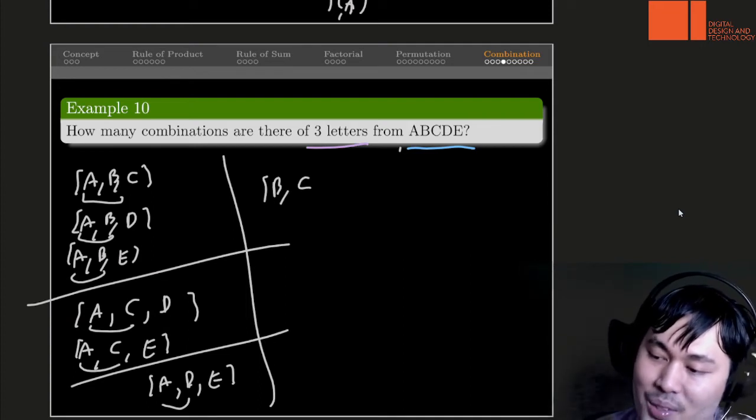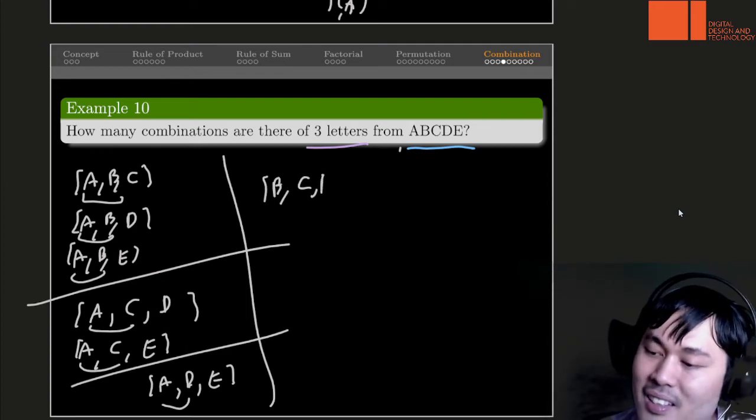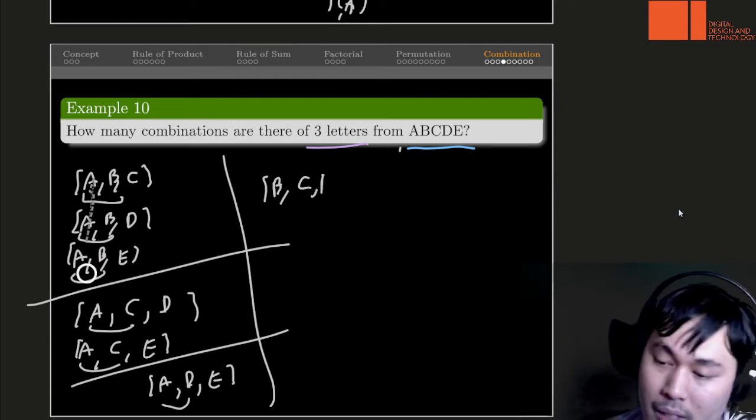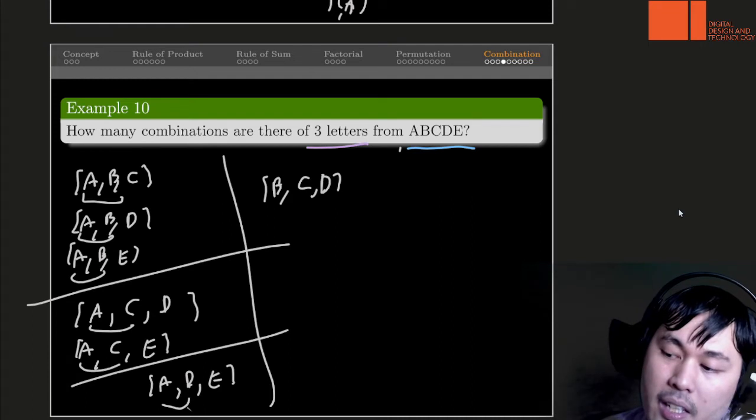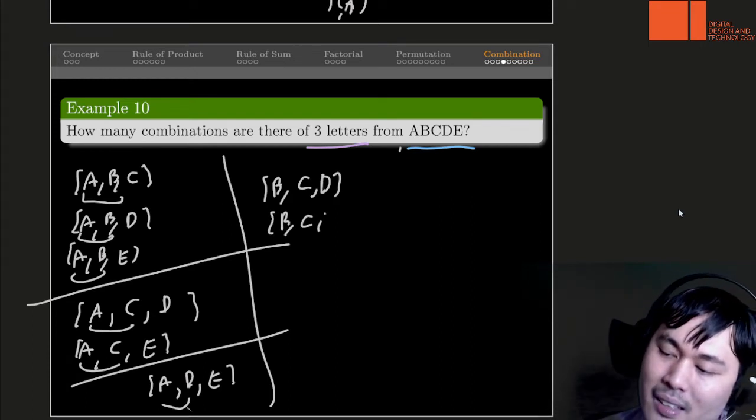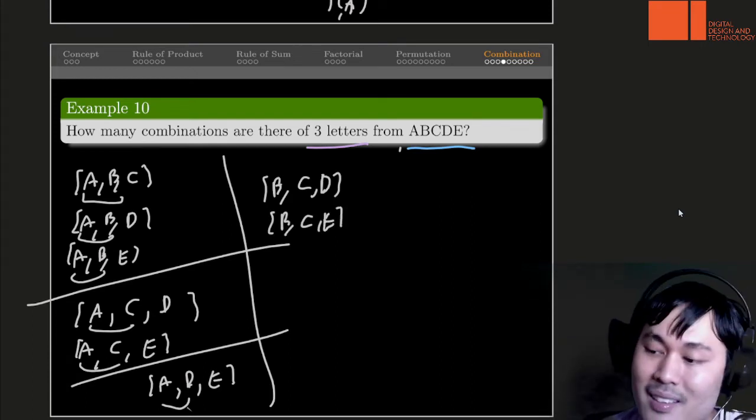And then we have to choose B and C. We cannot choose A anymore because it seems that we have all the A's. We have to choose B and C and then D maybe? And then B, C, and then E maybe?